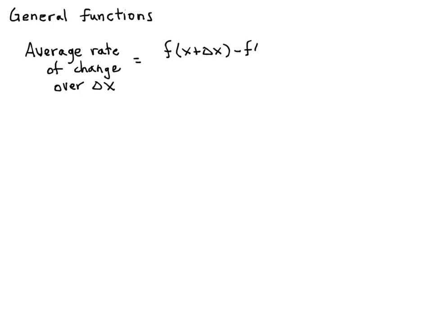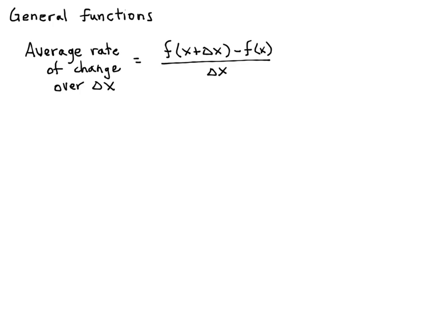So what we have in a general function, we can say the average rate of change then at any place is going to be this difference ratio that I described. And so get used to seeing this expression, because this is going to be a very important expression for us.